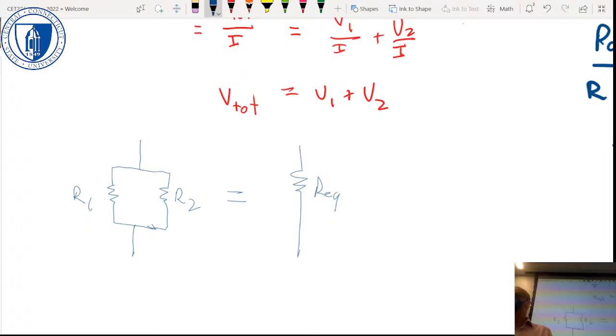Remember, a node is an area of constant voltage. And here is a node. Again, it's an area of constant voltage. And those two devices, R1 and R2, are connected between the same two nodes.